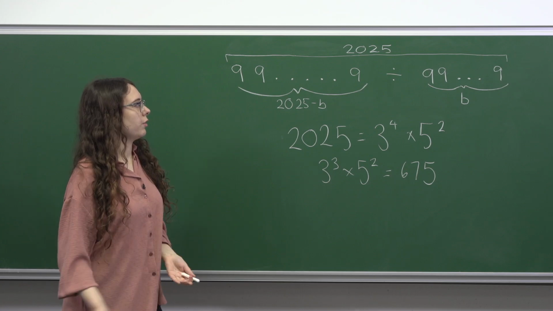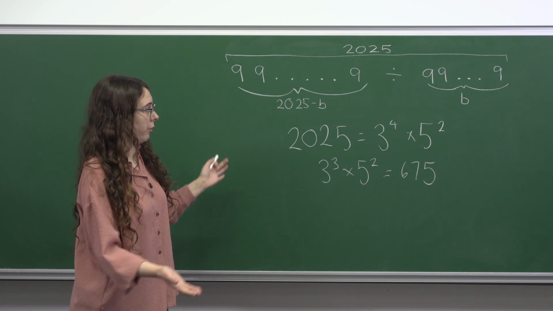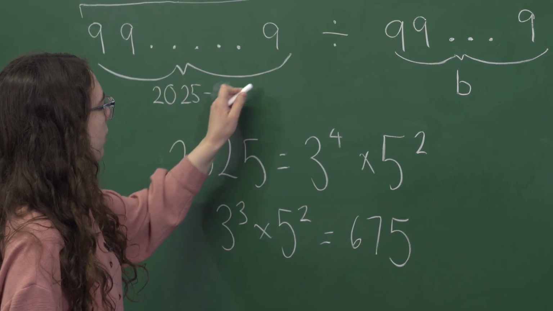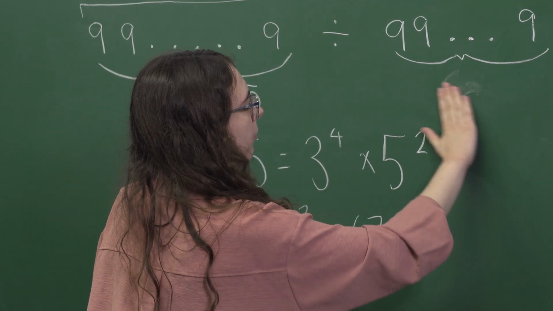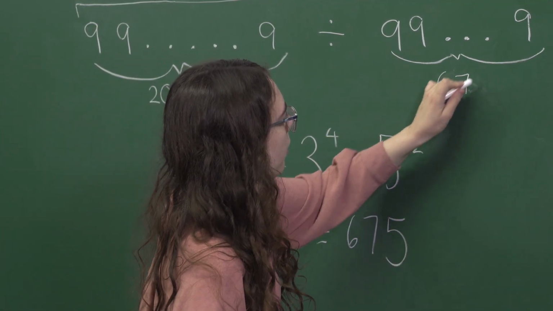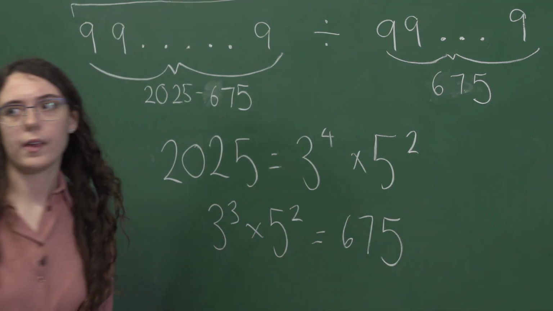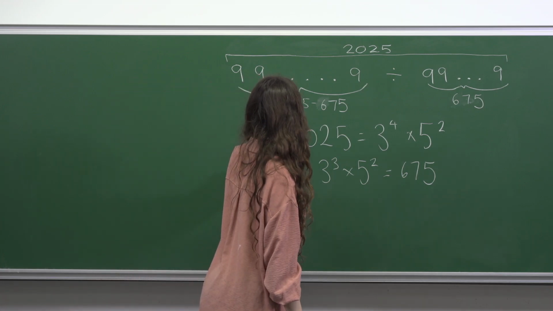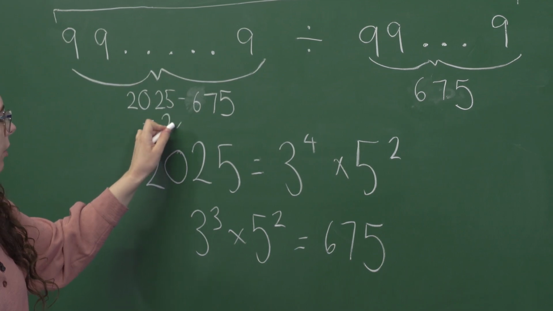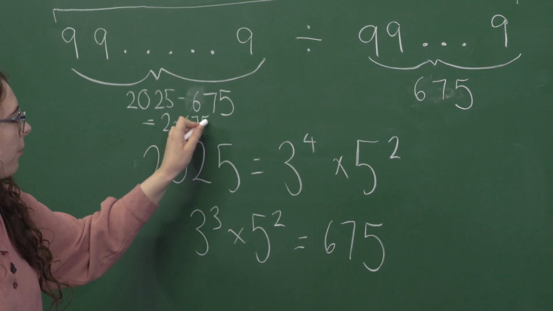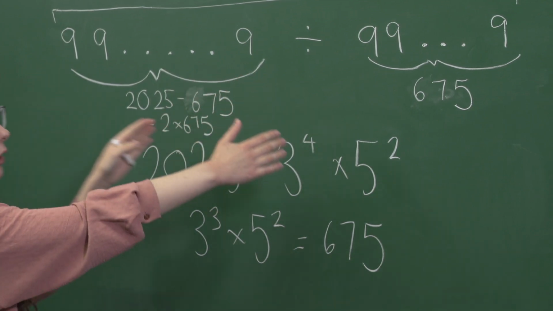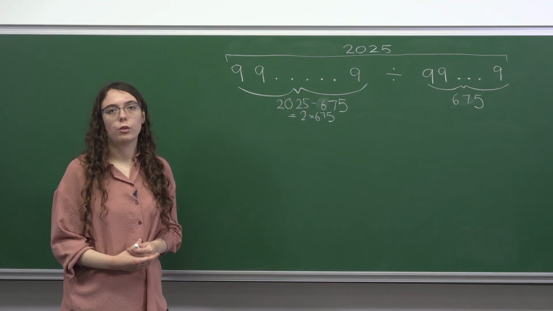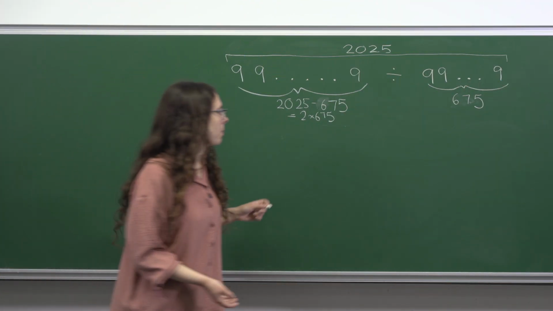Okay, so we need to work out what the result of this calculation is when we let b equal 675. So actually we'll notice that this is the same as 2 times 675. And so this number is like twice as long as this number. So we now just need to evaluate this division.